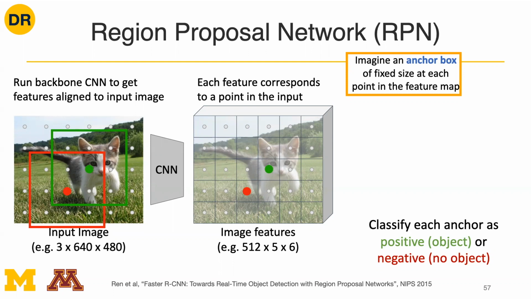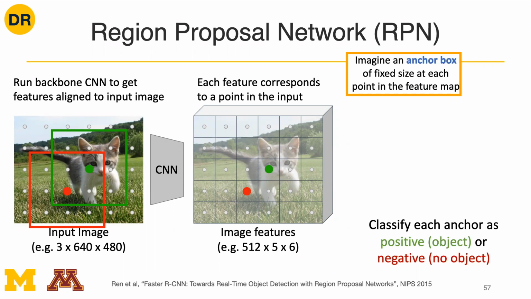Yes. Does this anchor was the size of the receptive field? No, not necessarily. It's something that you can fix, and you'll see in a few slides that you can have many anchor boxes for a particular feature. And like, how does that work? I can choose an anchor box bigger than the receptive field. Yeah, so the idea is because you downsampled so much during the feature extraction, you have a good coverage.